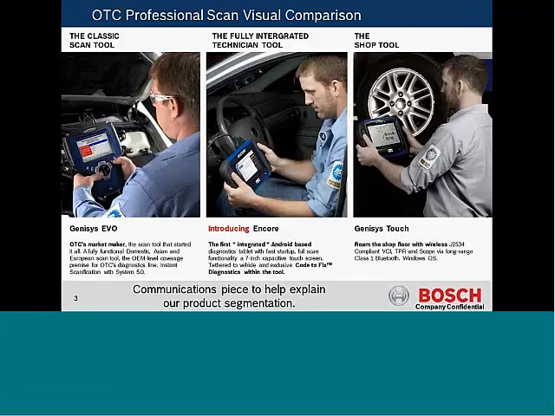But it is the core or the base of what we've done over the years, and it's still what we would term the classic scan tool, and does fit a need and a price point.